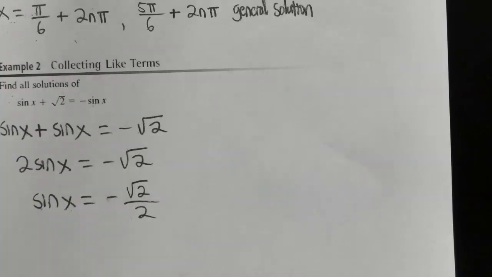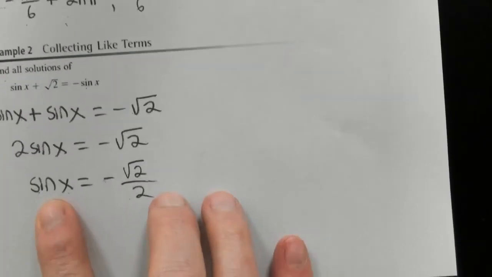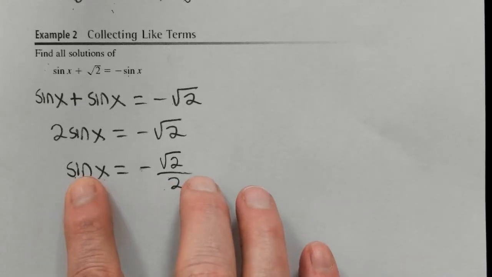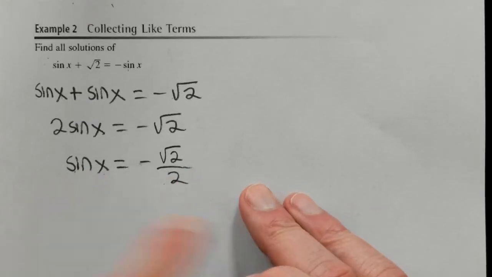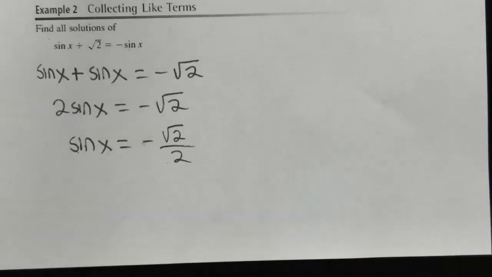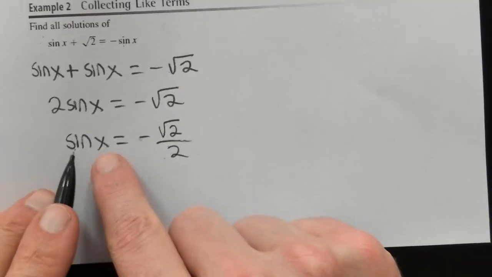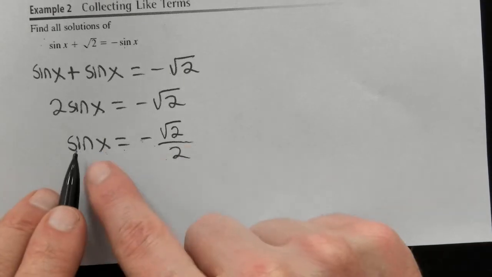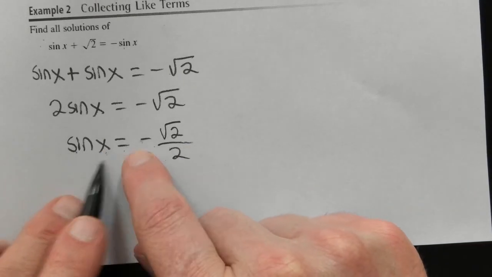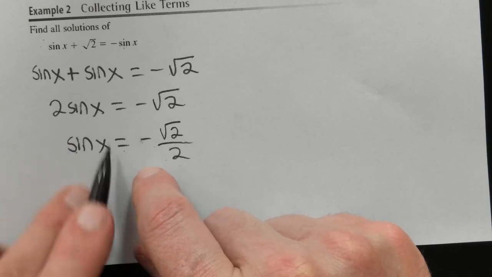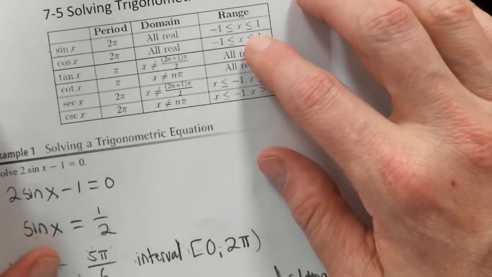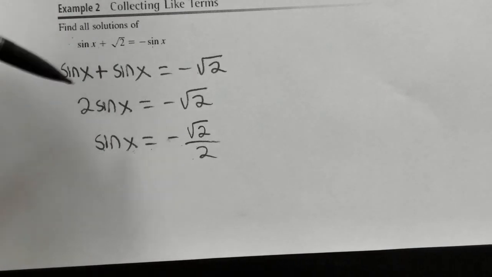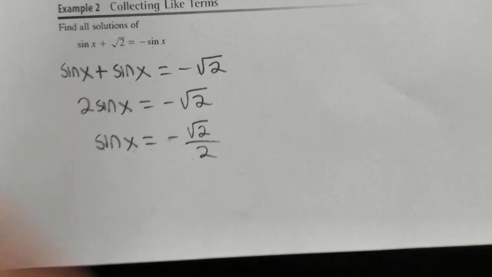Okay? And it is important to check that every time once you get to this step, because remember, if this value is not within the range, you stop right there and the answer is no solution. So be careful with that and make sure that you always check that once you get it down to sine of x equals something, or whatever the trig value is of x. Once you get it rearranged down to this, check the range and make sure that you're in good shape. Okay, because you will have some equations that have no solution, so you've got to check that.